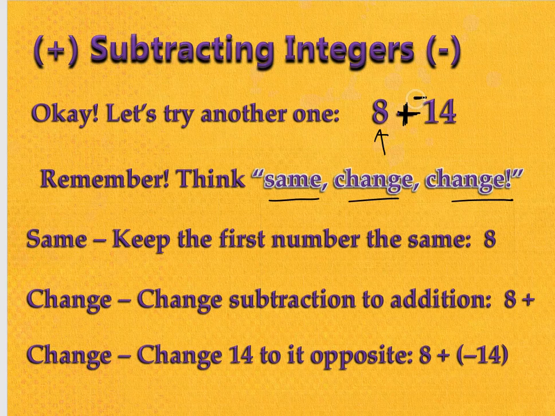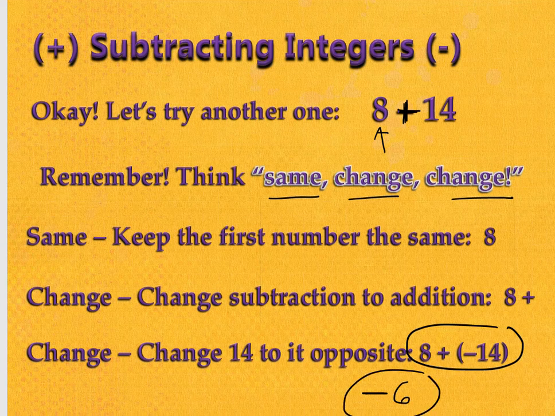So instead of a positive 14, this will now be a negative 14. And now you guys already know how to do this. If you have $8 but you owe 14, when you combine those, you're going to owe, and to figure out how much, you take 14 minus 8 and you get 6. So 8 plus a negative 14 is negative 6.